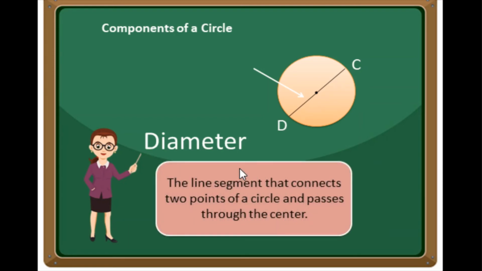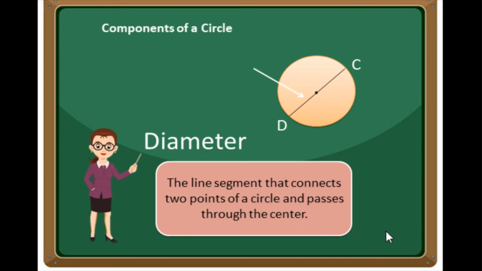The diameter is the line that connects 2 points of a circle and it passes through the center. So when you make a line, if it passes through the center and it connects the 2 points here or here, then it's called diameter.